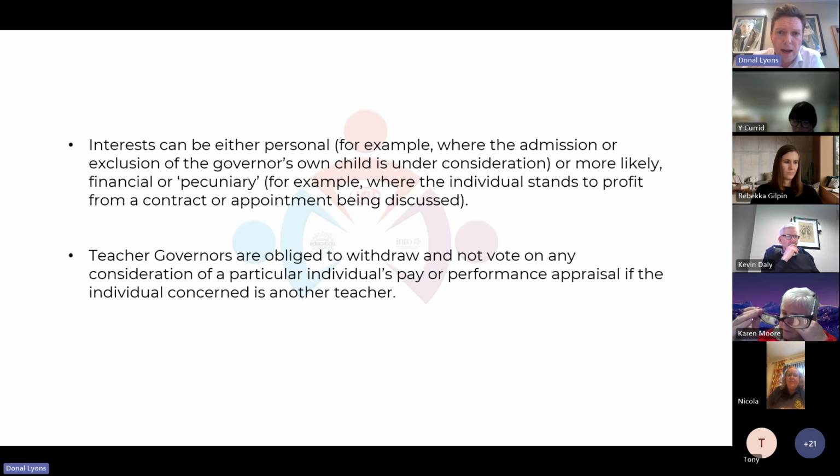But generally, as a rule of thumb, if there is a discussion involving an individual and the individual will be impacted through your vote, and that individual is a colleague of yours within the school, i.e. a teacher within the school, and it falls under that financial or personal aspect, that would be considered a conflict, and so you should withdraw from the meeting at that point.